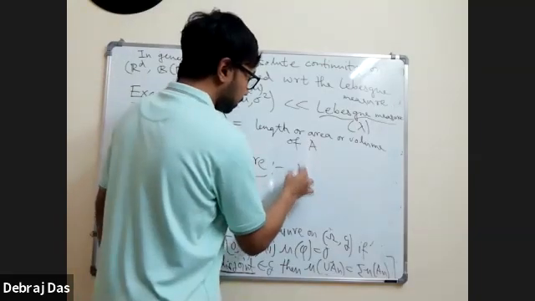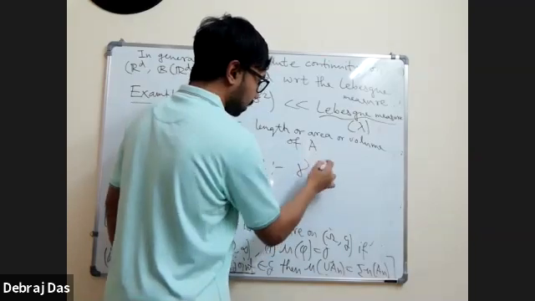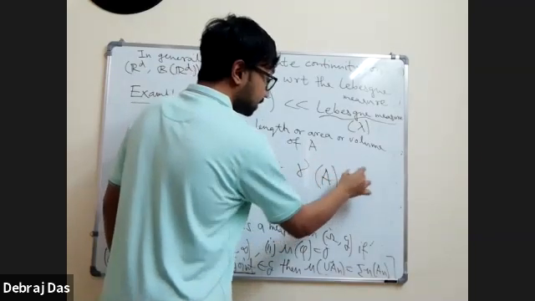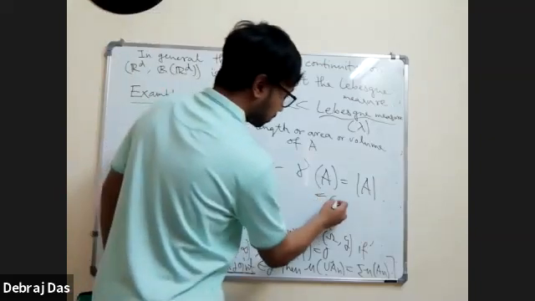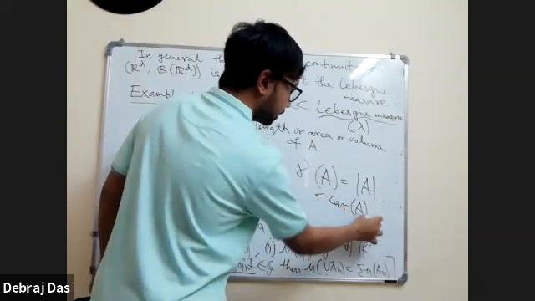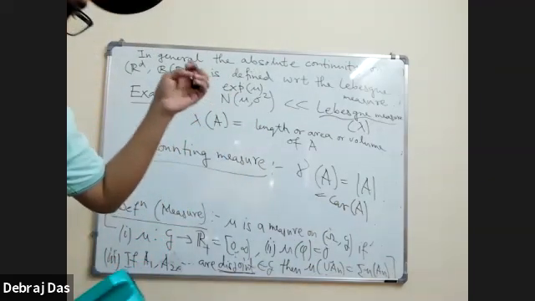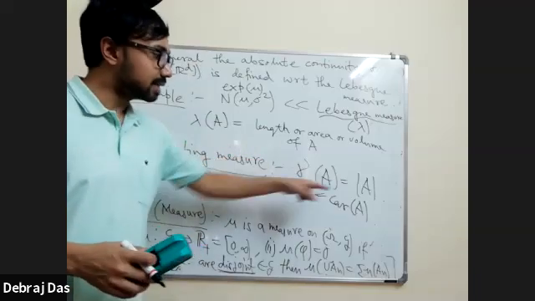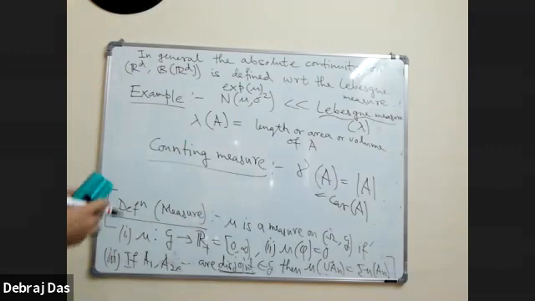So if gamma is a counting measure, gamma of some set A is simply the cardinality of it. So you simply count the number of objects that are inside the set A. That is the counting measure of that set. Okay.